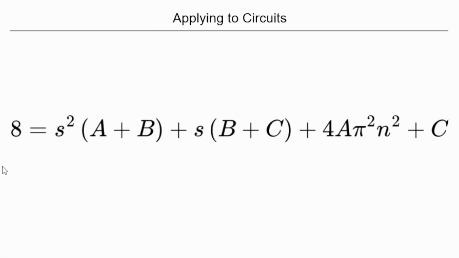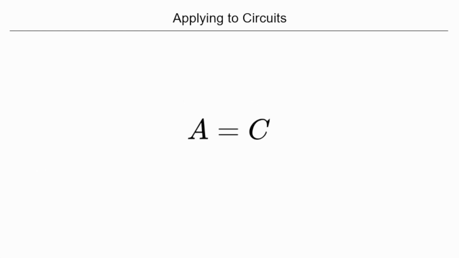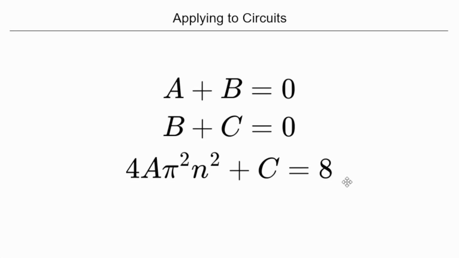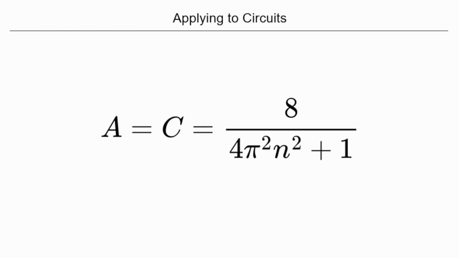But the left-hand side doesn't have an s squared or an s, so a plus b must be 0, and b plus c must be 0 as well. And only the constants, these guys, must equal 8. So we get what I just said. a plus b equals 0 and b plus c equals 0, shows that a equals c. So we can simplify this to get this. Solving for a equals c equals this.